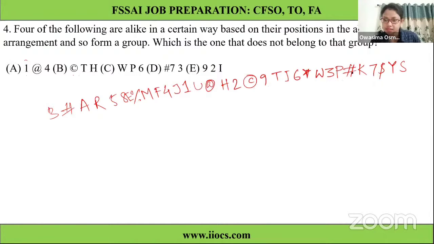And another is 7 3, and another is 9 2 1. We have to check this problem later. Okay, so now I'm moving on to the next problem and we'll check this one later.